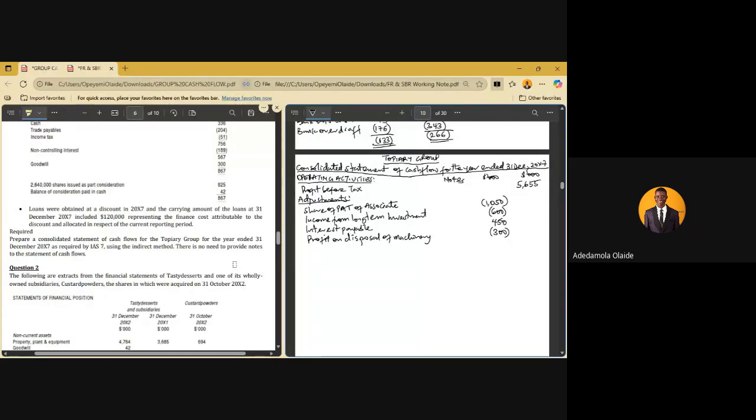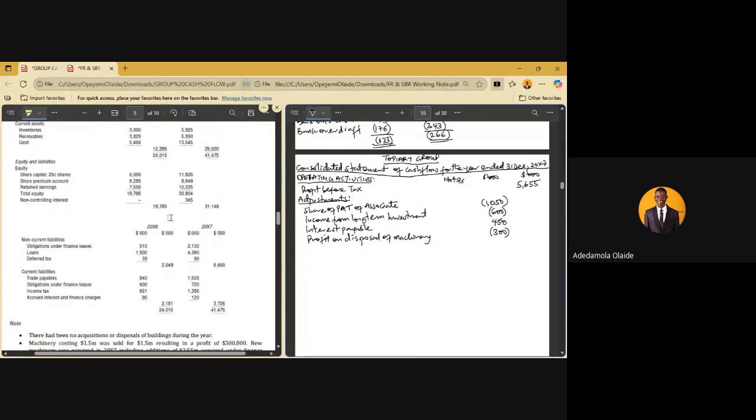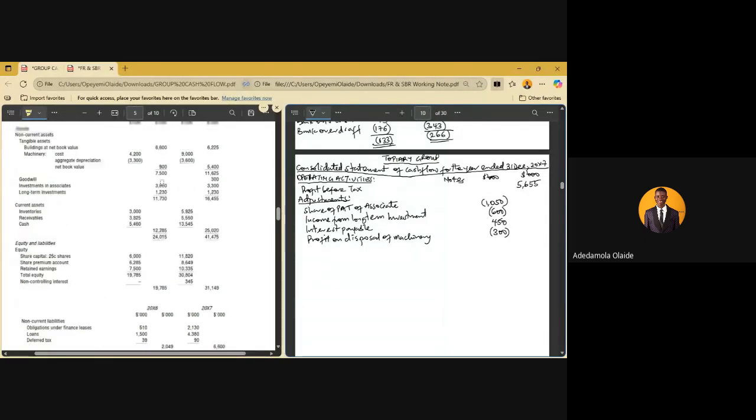Okay, having treated all of that, the next thing that they were silent about, which we ought to have, is the depreciation charge for the year. So that will take us to our non-current assets. If we look at the non-current assets, we have building.